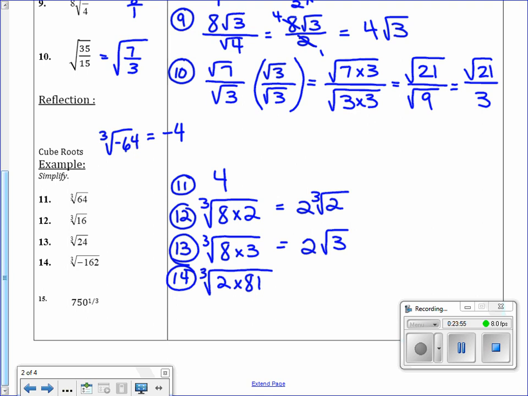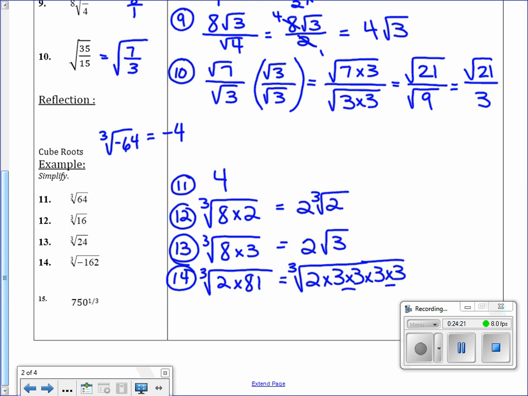But I thought, okay, that's not going to necessarily work for me, so I'm going to say the cube root of 2 times, and I know 9 times 9 is 81, so I said 3 times 3, there's one of my 9's, and 3 times 3, there's my other 9. So there's my 9 times 9.